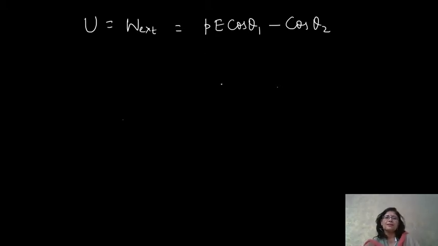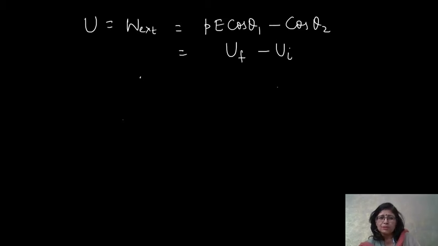But students, it is not the final formula for potential energy. It is the difference in potential energy between position 1 and position 2. It means we can say final potential energy minus initial potential energy. Now, for our reference level, we have to choose an angle which has potential 0.